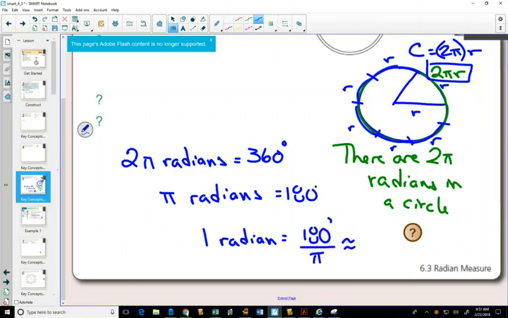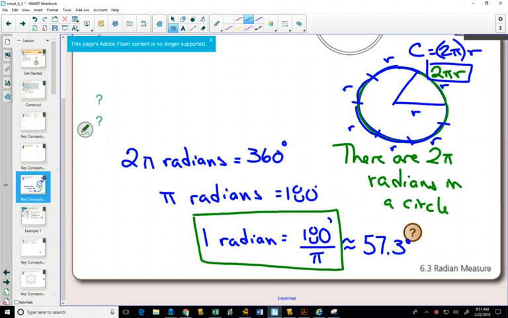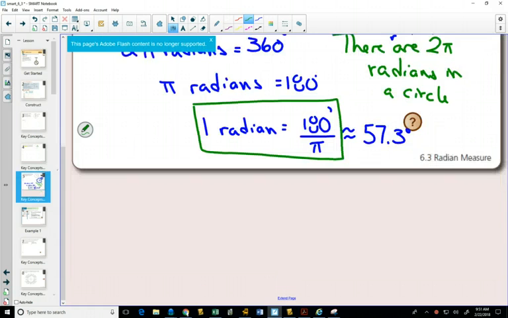And if we type 180 divided by 3.14, or 180 divided by pi, in our calculator, we get a little bit less than 60 degrees, 57.3, which is what we would have expected from our triangle thing that we did at the beginning. So I'm going to put a box around this one. 1 radian is 180 degrees over pi.